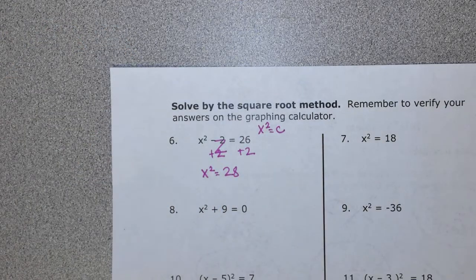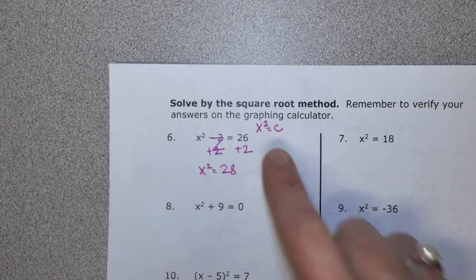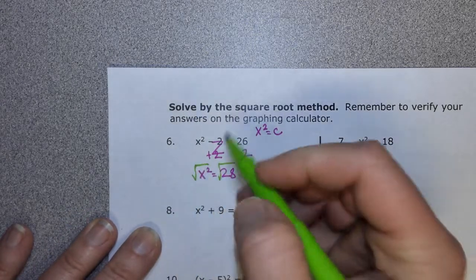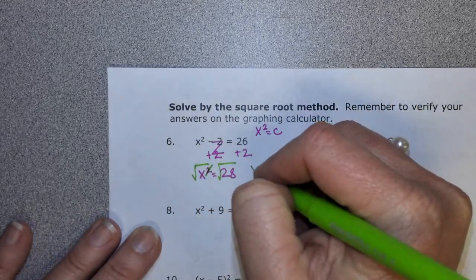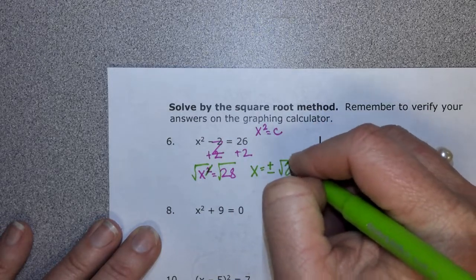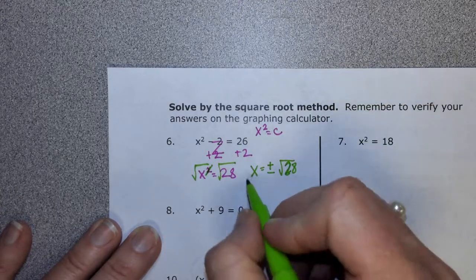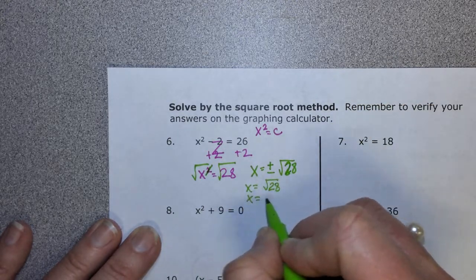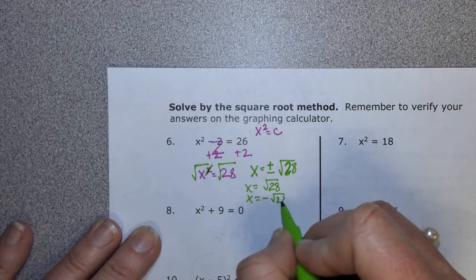And now that I have it set up where it looks like this, I can go ahead and take the square root of each side so that I get x equals plus minus the square root of 28. So therefore x equals the square root of 28, and x equals negative square root of 28.